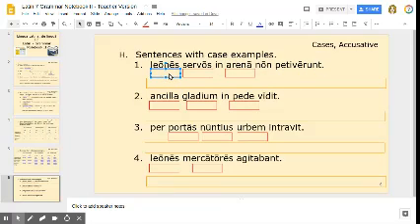All right, leones is a nominative plural. And if you're wondering how I can tell the difference between a nominative and accusative plural because they look alike, well, just look at the next word, servos. This has to be accusative because that's its only choice. Servos is a second declension word.